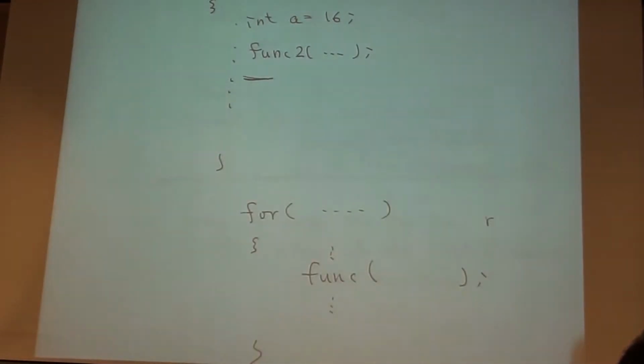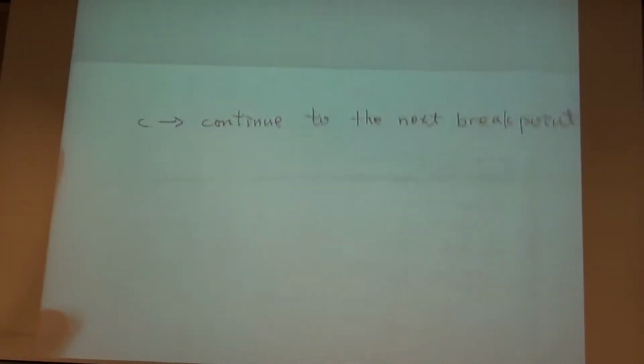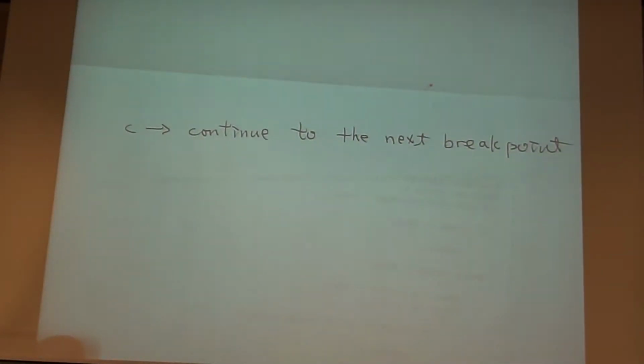Continue means you just run as far as you can until the next breakpoint. C means continue to the next breakpoint. If you don't have another breakpoint, the program will go all the way and complete.